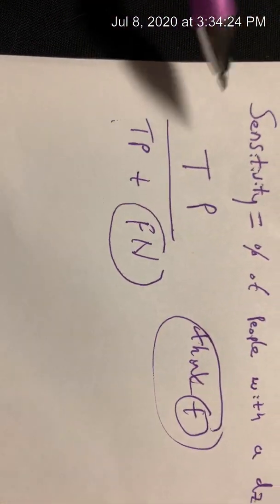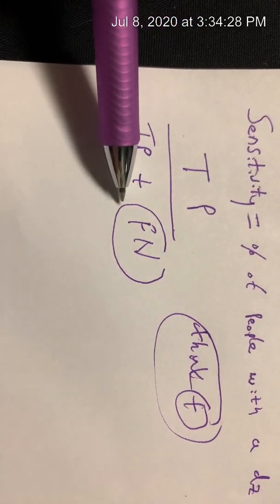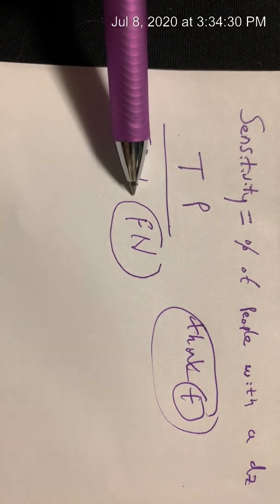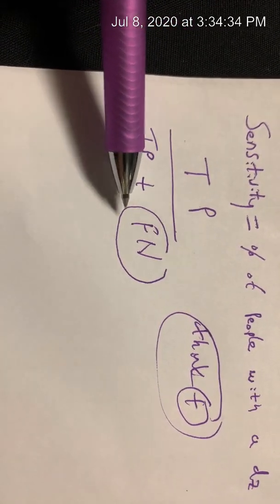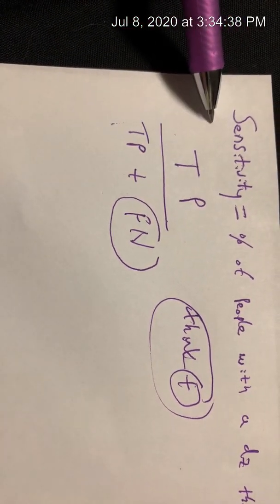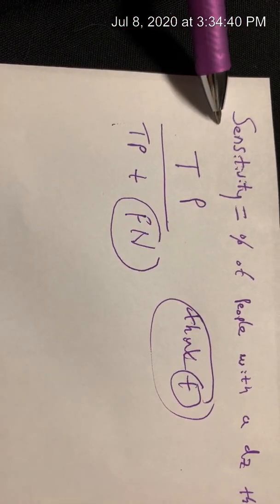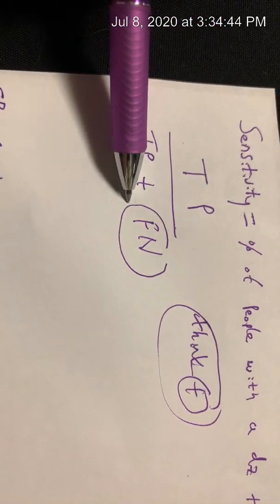Because let's say up here is 10, and if the false negative rate was 0, it would be a bigger number than if the false negative rate was higher. Okay? So sensitivity is great. If it's high, it means it's great at avoiding false negatives.